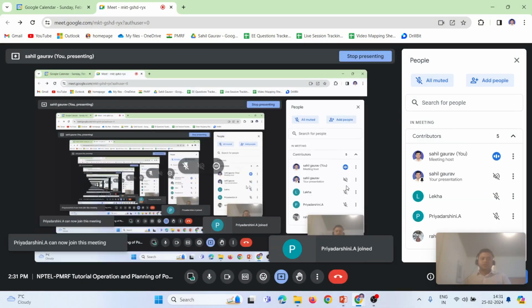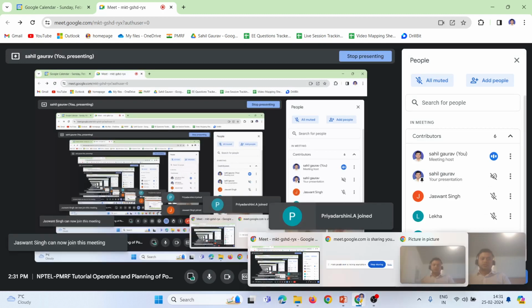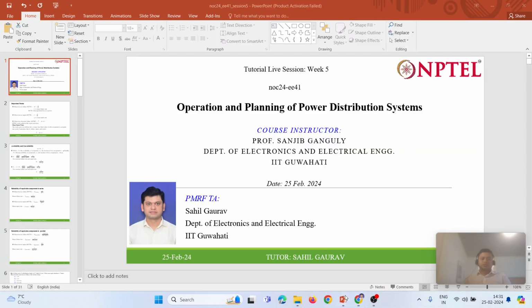We will also solve some problems based on the various power quality issues in power distribution networks. And this session will help you in solving assignment number 6.